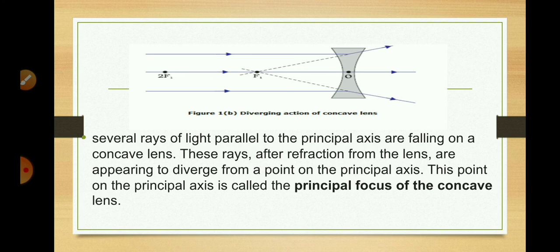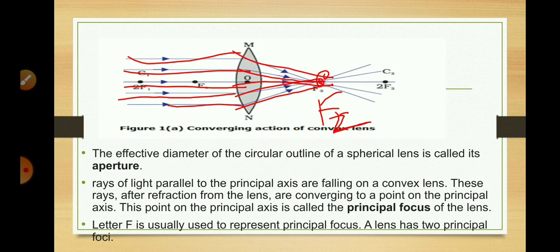Several rays of light parallel to the principal axis are falling on the concave lens. Now see the principal focus of a concave lens. We learned about the convex lens that when parallel rays fall on it, they actually meet on the principal axis, and that point is called the principal focus of the convex lens.